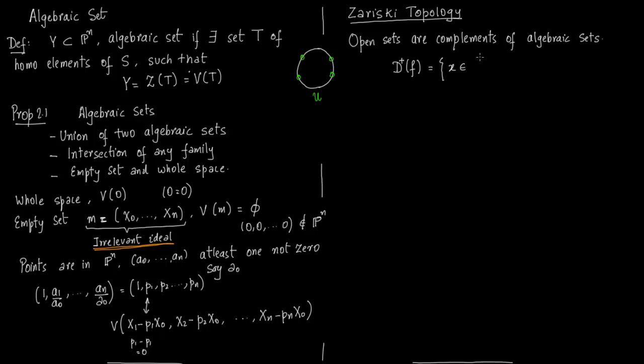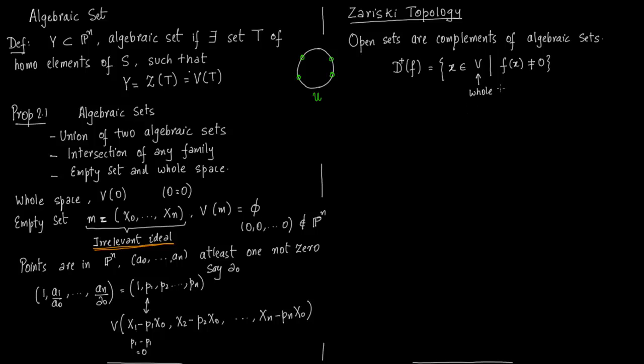So for F homogeneous, it is obviously all those points of V, where V is a projective algebraic set, where F of x is not 0. This is the projective algebraic set.